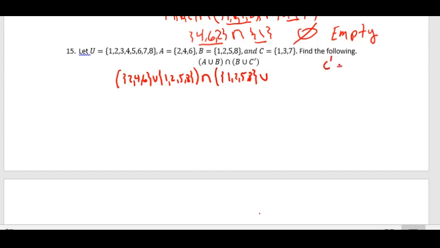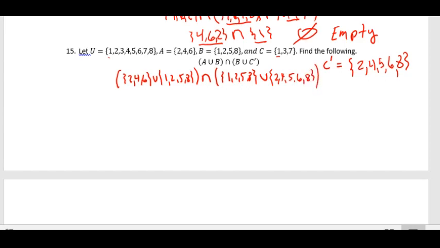So we need to find C complement. We have a 1, we have a 1, 2 is missing, 3 is there, 3 is there, 4 is missing, 5 is missing, 6 is missing, and 8. So C complement is 2, 4, 5, 6, and 8.